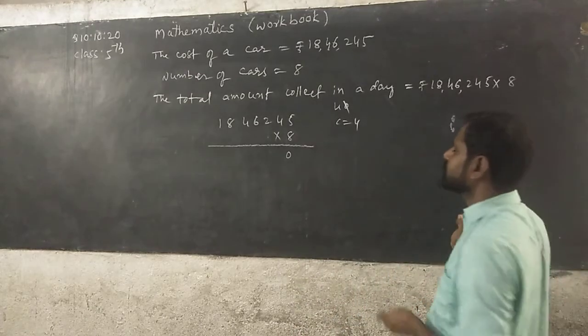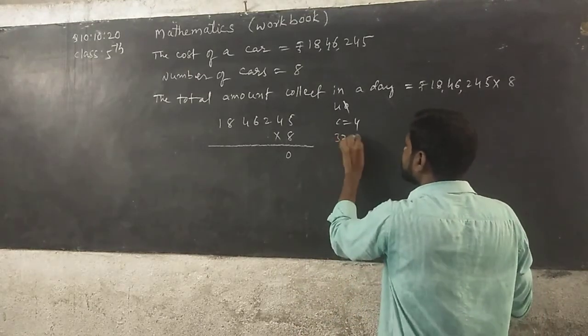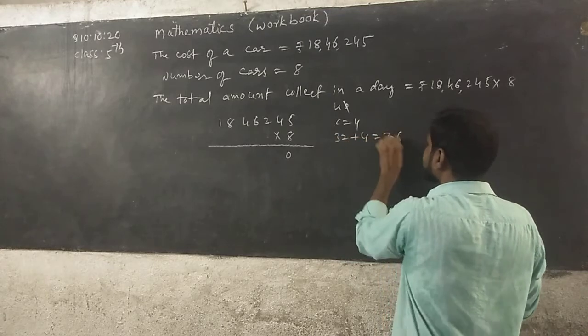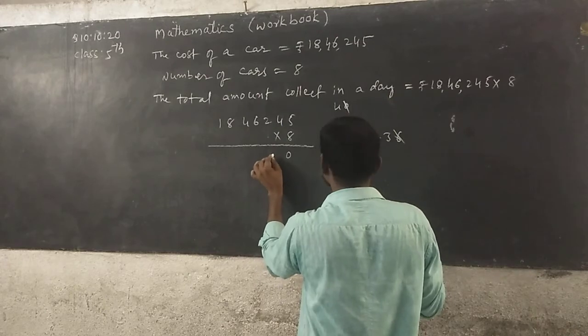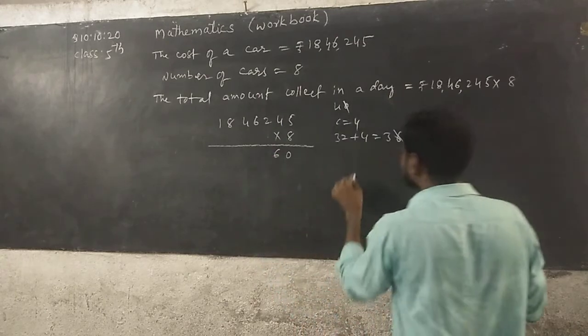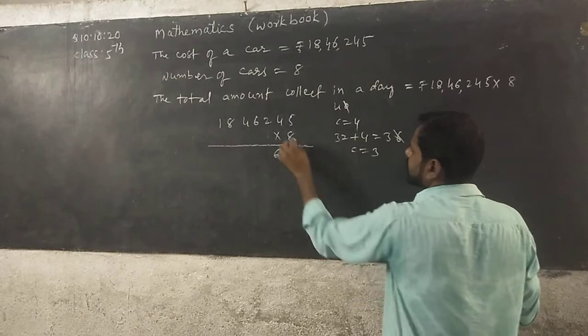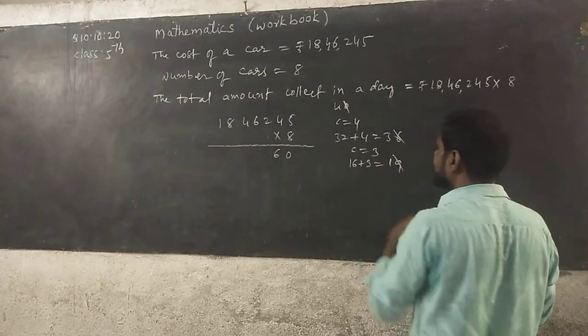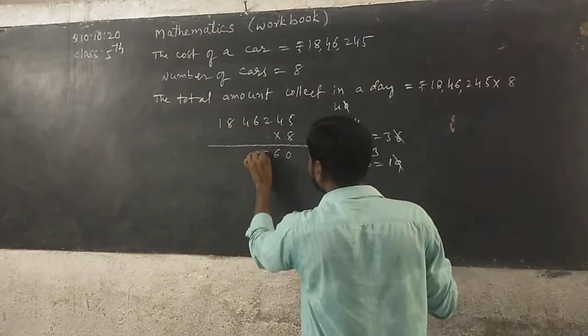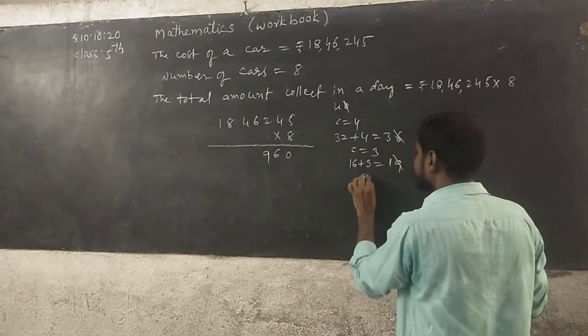Next 8 4s are 32. 32 plus 4, 36. 6 taking, write down under tens place of the products. 6 carrying what? 3. 8 2s are 16. 16 plus 3 you can get 19. 9 taking, write down under hundreds place of the products.